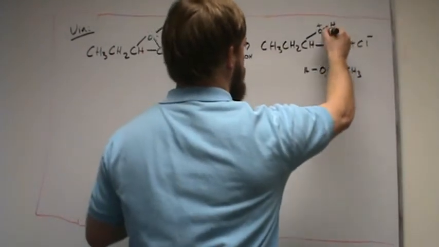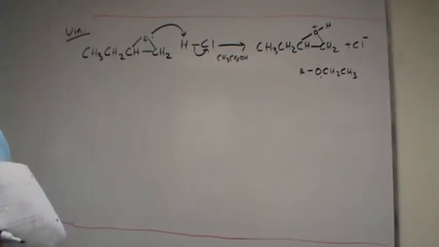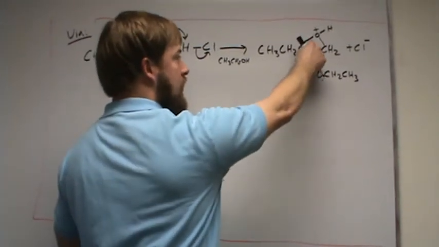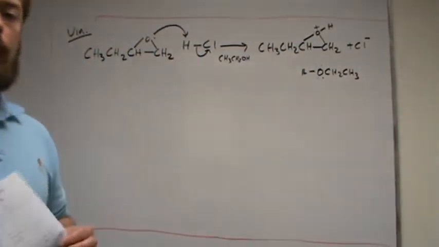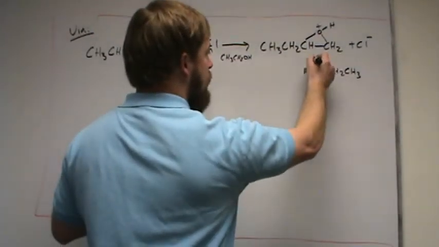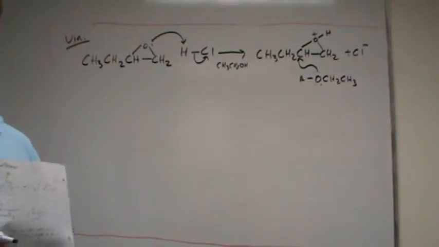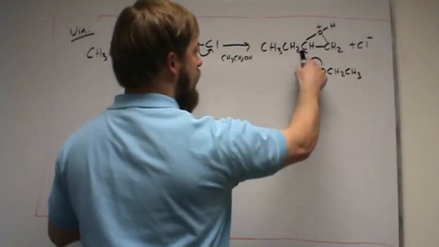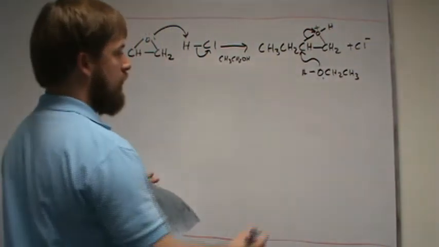Not good. Because of that, even though I do not officially form a carbocation here, there is more positive character on this carbon. So we can say this bond is partially broken. That's where the nucleophile attacks, where there's more positive character. So it's SN1-like because it would be a more stable carbocation if it completely formed. So nucleophilic attack forms a new oxygen-carbon bond, and then I open the epoxide ring.